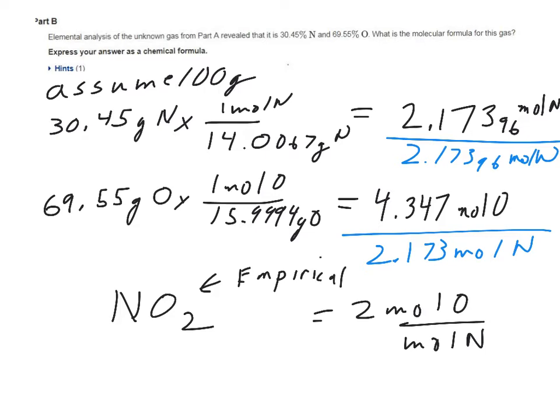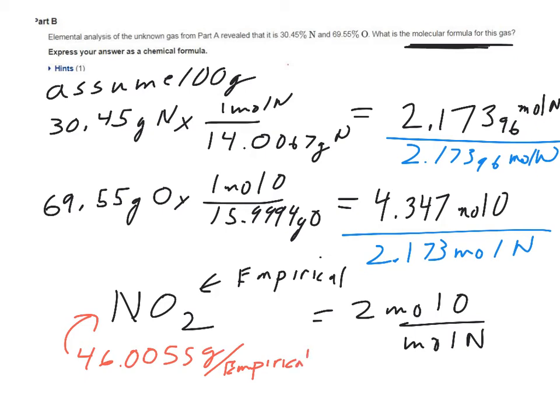They want to know the molecular formula, so we still have one more step. Let's figure out the formula weight of that. It's got 1 nitrogen, 14.0067, plus 2 oxygens at 15.9994 grams each, for a total of 46.0055 grams per empirical formula.